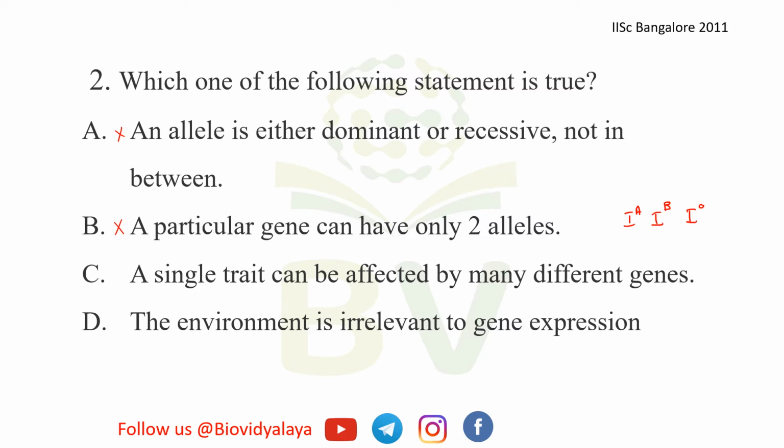Next statement C. A single trait can be affected by many different genes. So we can write it as trait 1 that can be affected by many different genes. Is it true or false? This is true. A trait that is controlled by more than one gene is called a polygenic trait.